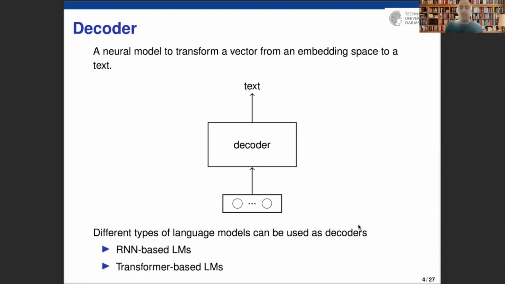And in the lecture about language models, I discussed how we can use language models to generate a text. So as the decoder component, we usually use language models. And since we are talking about neural networks, we probably prefer to use neural language models like RNN-based and transformer-based language models.